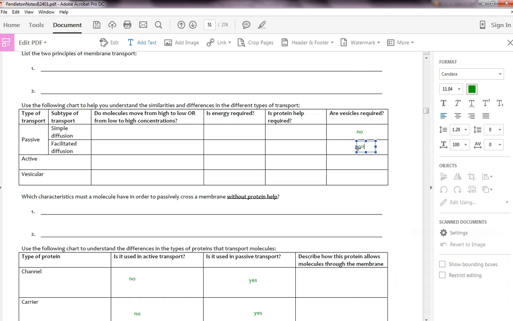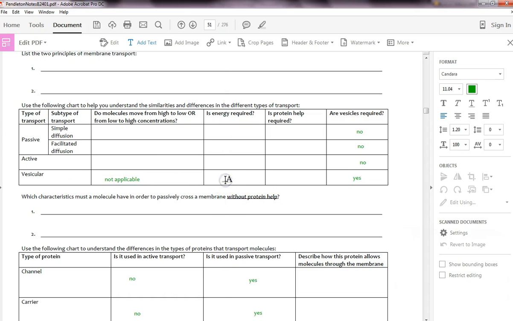It's just a protein stuck in a membrane that lets things through. So none of these require vesicles. The only one that requires vesicles is vesicular transport. So is it moving things from high to low or low to high? Well, with vesicular, that doesn't really apply. It's bringing lots of stuff in and out, so it's not really concentration based. Passive and active are based on concentration, but not vesicular.